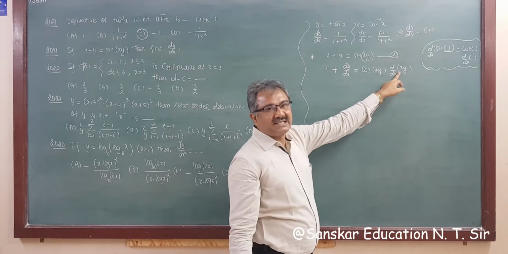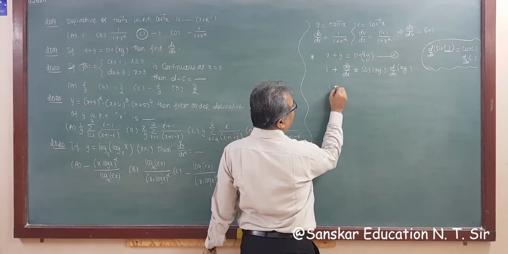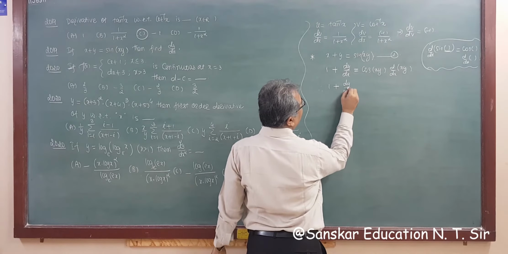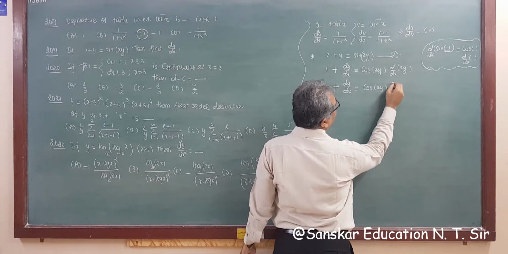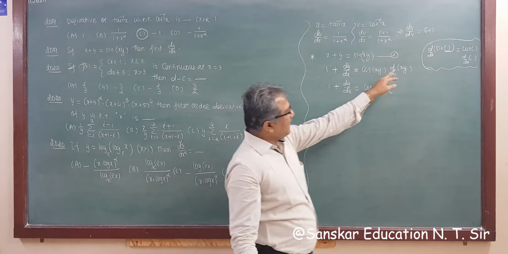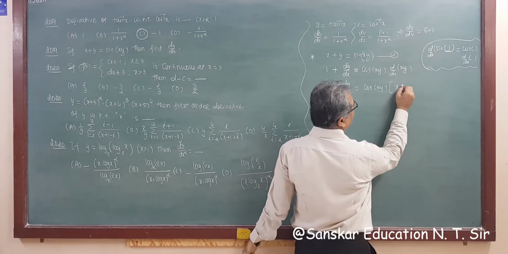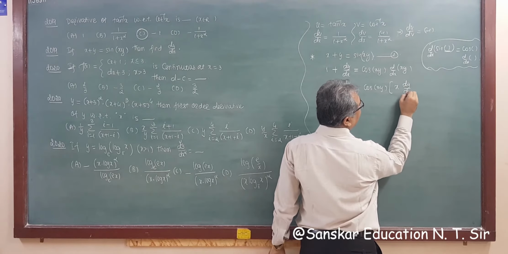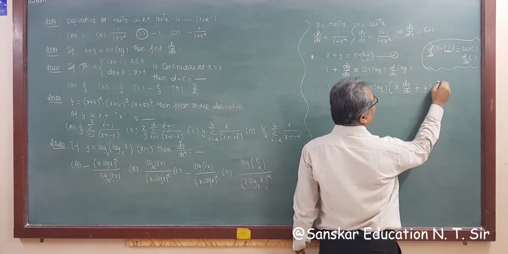Right? Now, this is u into v. So again, differentiating with respect to x. So this is 1 plus dy by dx is equal to cos xy, right? Into, now derivative of x into y. So x as it is, derivative of y is dy by dx, plus y as it is, the derivative of x is 1.